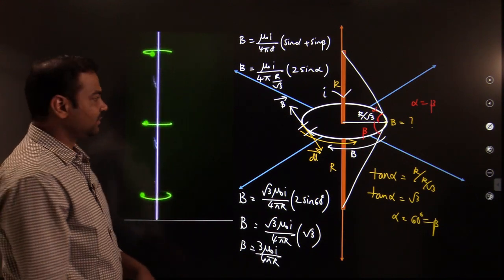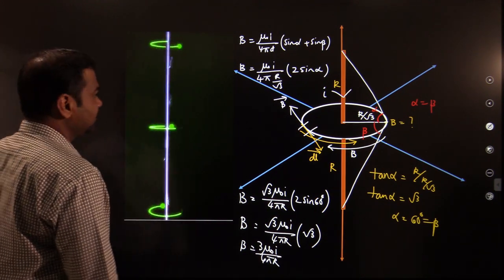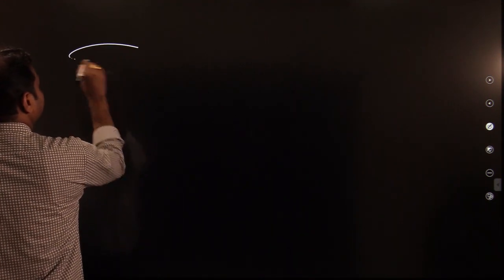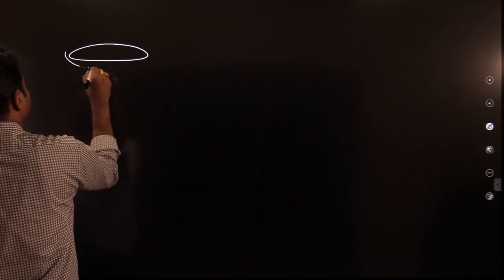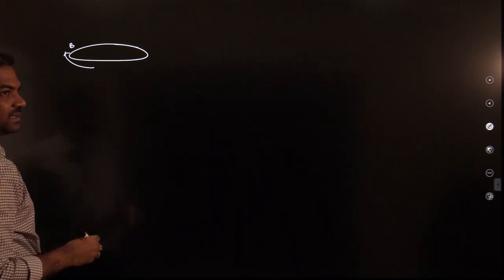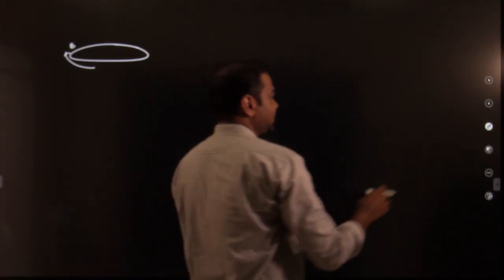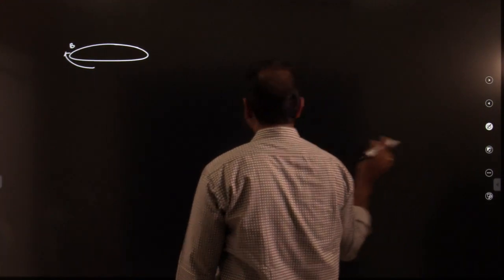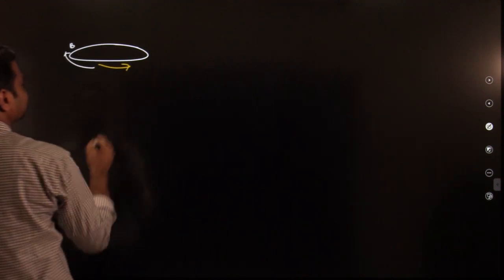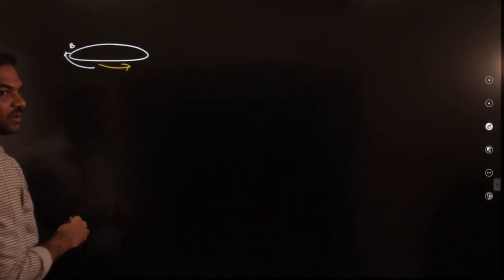Now I require the integral value. For the integral value, the B vector, or the magnetic field line, is in this sense, and the dl sense is something different. dl is in this sense, since I am moving in this path, so both are opposite.